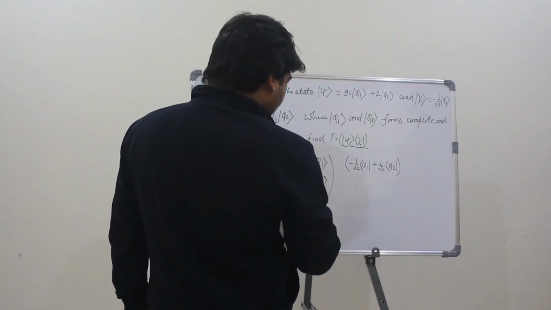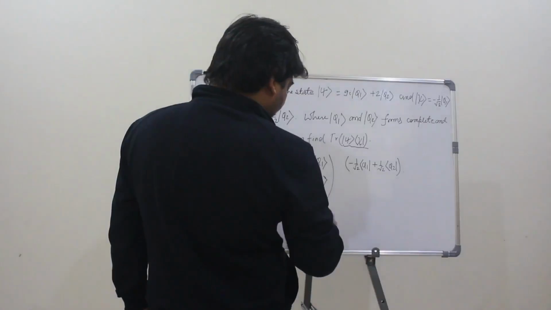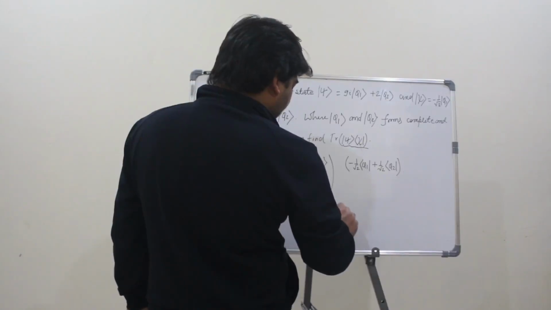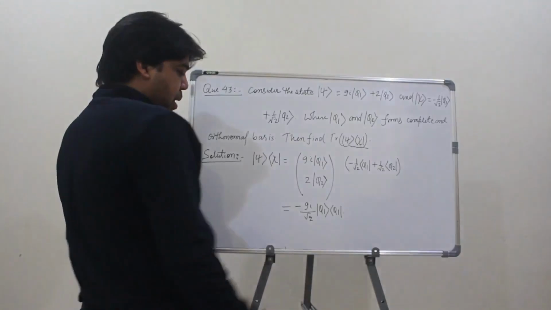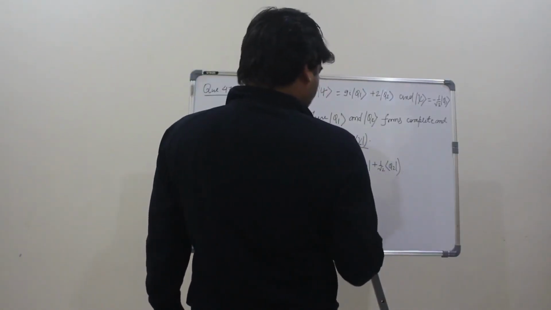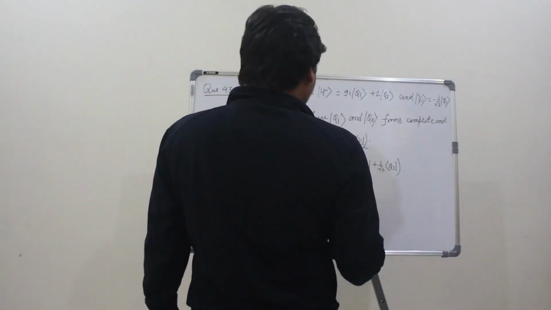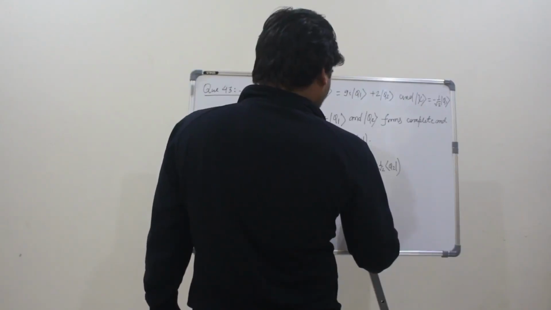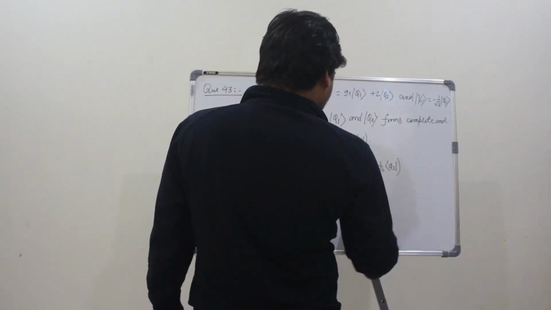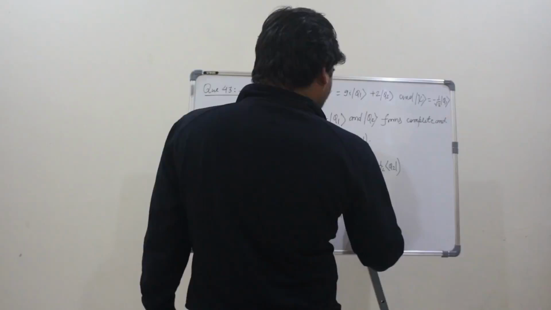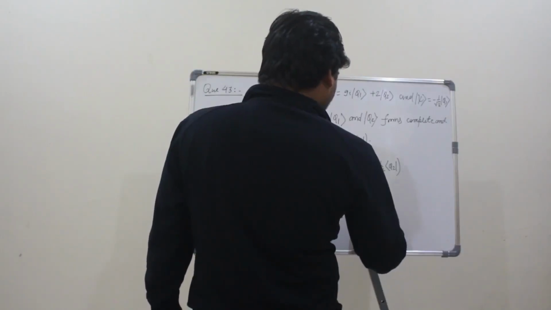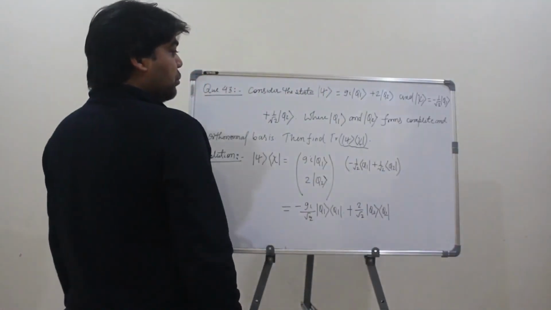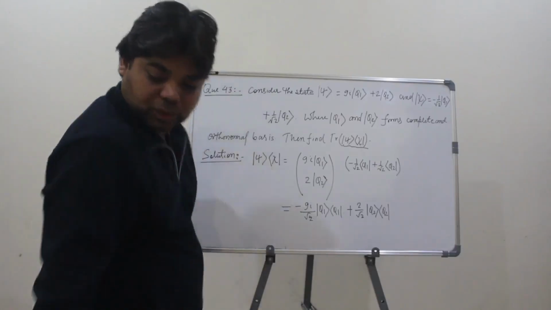So phi 1 with phi 1 gives minus 9i divided by root 2 phi 1 phi 1, and this one gives you 2 divided by root 2 phi 2 phi 2. I think, just a minute.